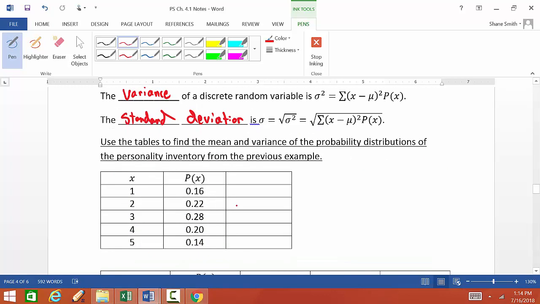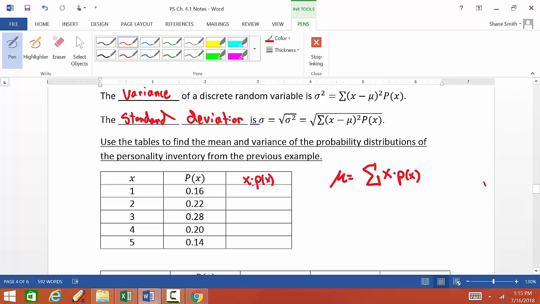All right, so this is the same probability distribution that was with the industrial psychologist, but notice how I added another column, and this column is for showing our work with the formula so you can see how this is calculated. So what we do is we add together all the x's times the probability of x's. This column is just to show the work for multiplying across.